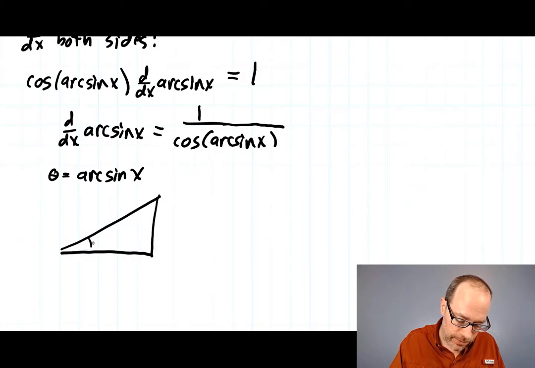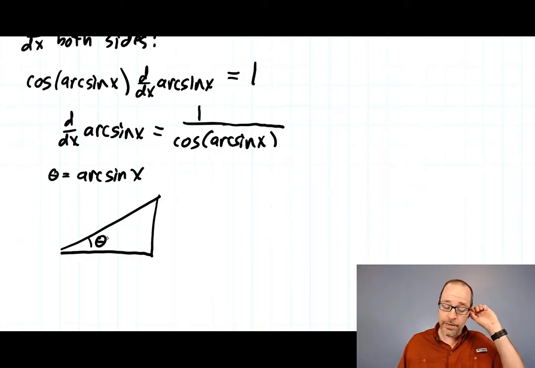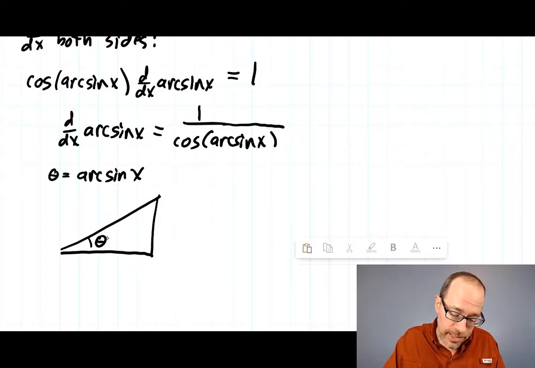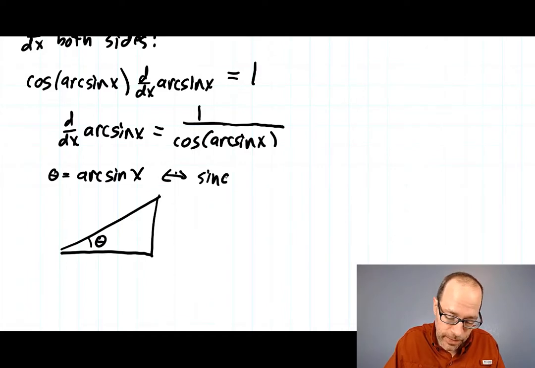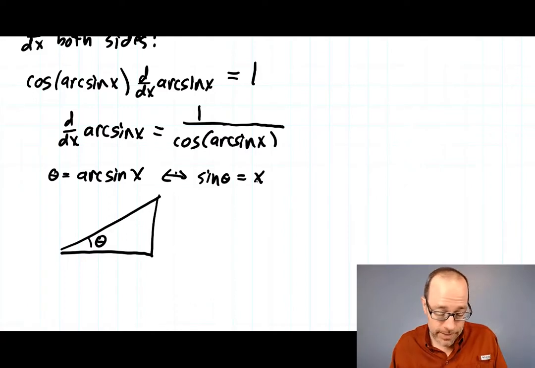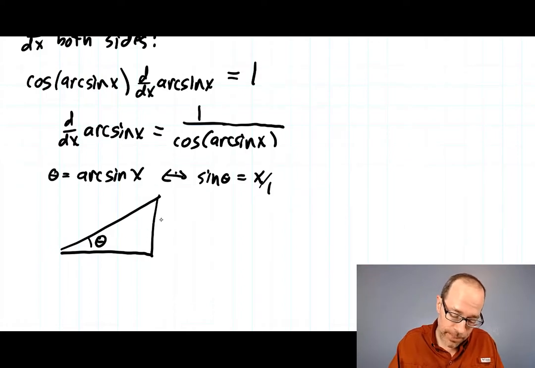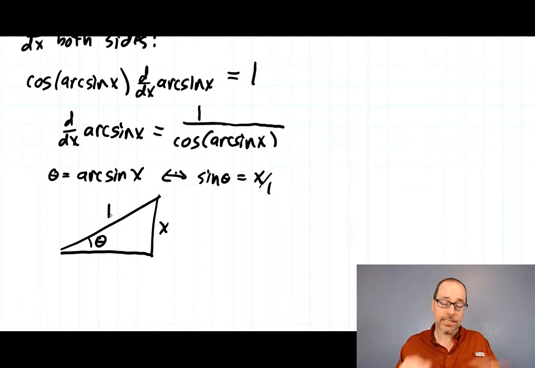So if this is angle theta, well, if I'm saying that theta is the arc sine of x, that's the same thing as saying the sine of theta is x, because that's the definition of what the arc sine is. So if the sine of theta is x, think of it as x over 1, then that means this triangle, the opposite over the hypotenuse, should be x over 1. So let's write it this way, x and 1.